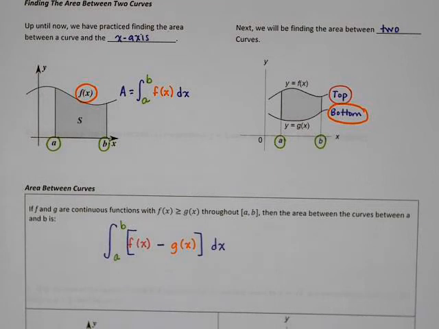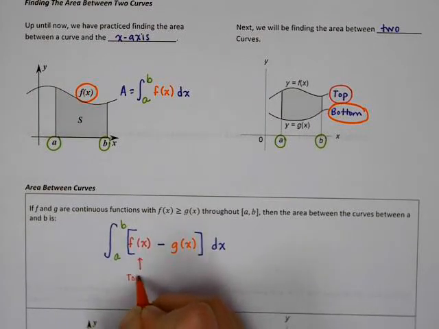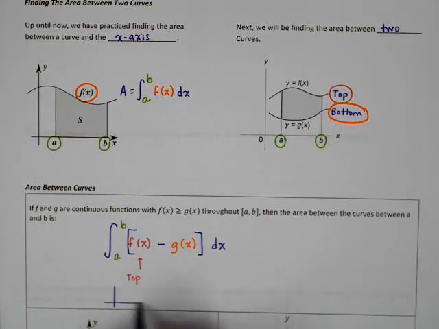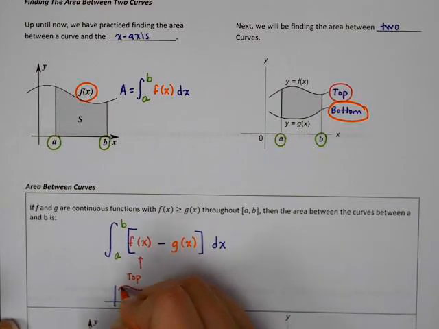dx. Now here's how this makes sense. If we integrated just our top function, which is going first here in our integral, we would be finding the area between f of x all the way down to the x-axis, all of this stuff.